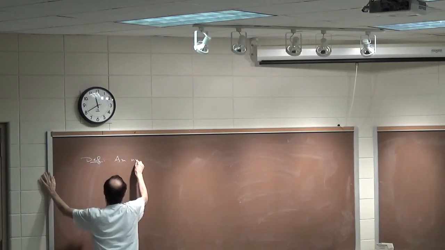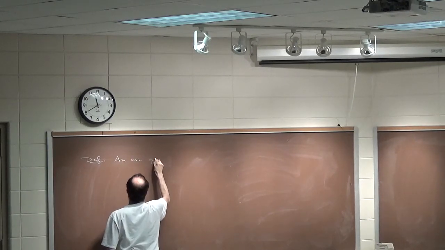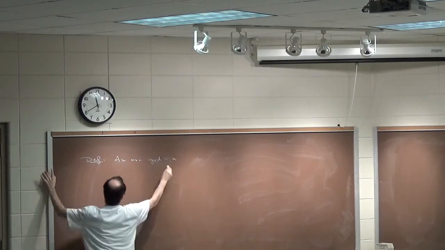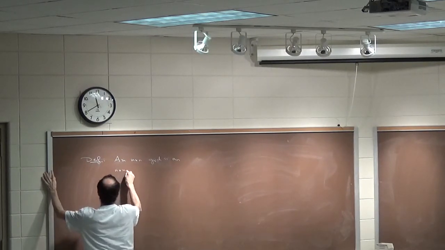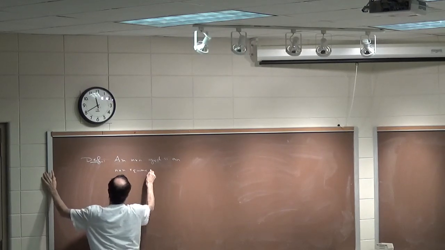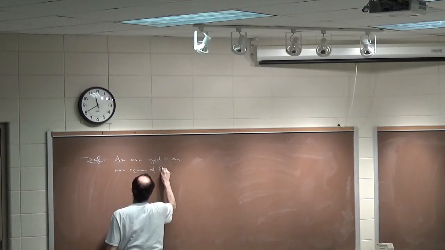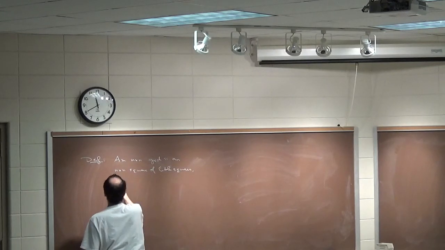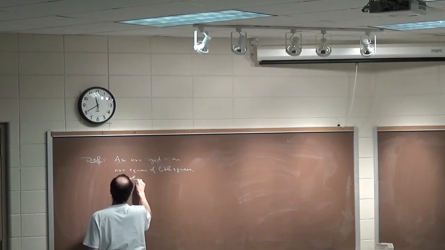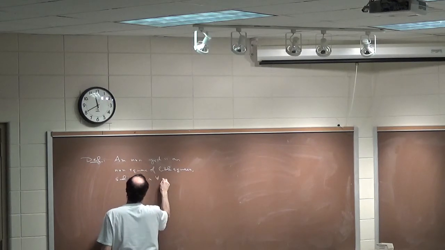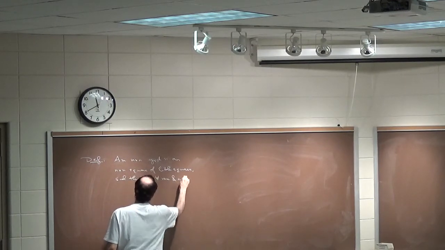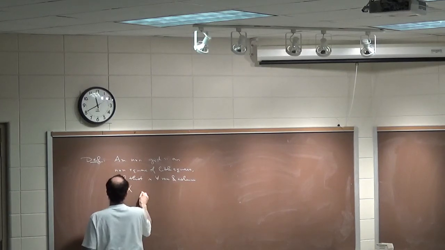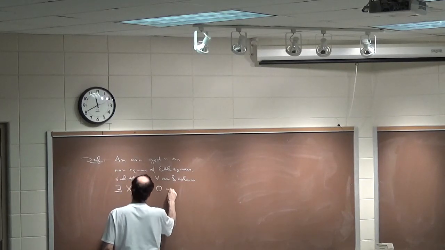An n by n grid is an n by n square of little squares such that in every row and column there is an X and an O mark.